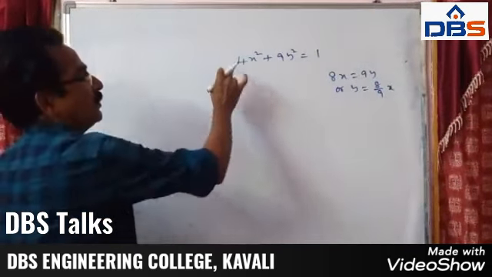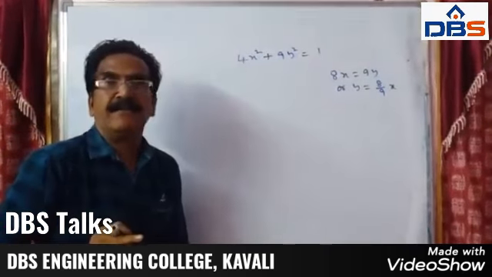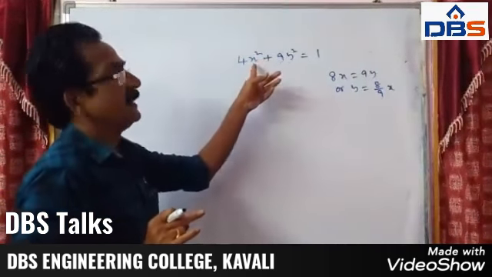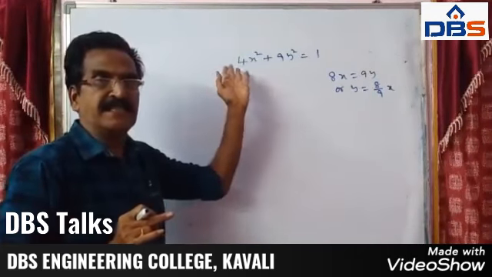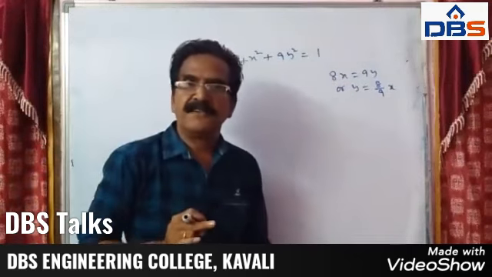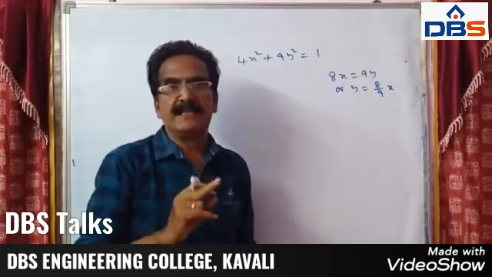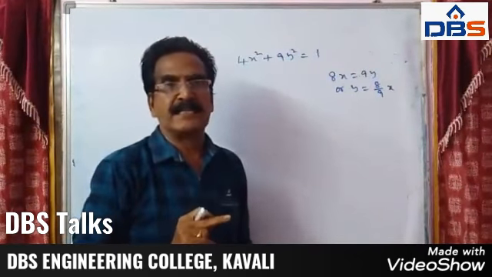Okay friends, so we can find the equation of the tangent by differentiating this curve. By differentiating this curve, we can find dy by dx.